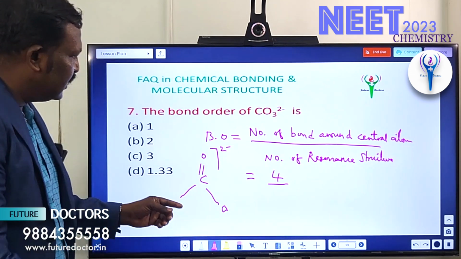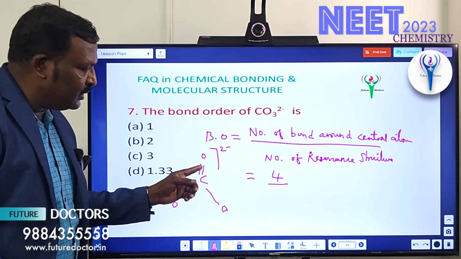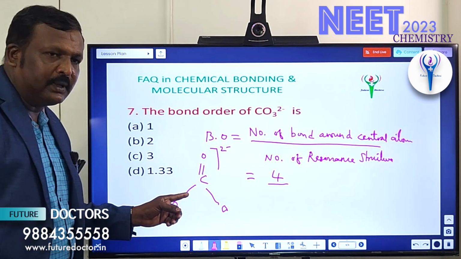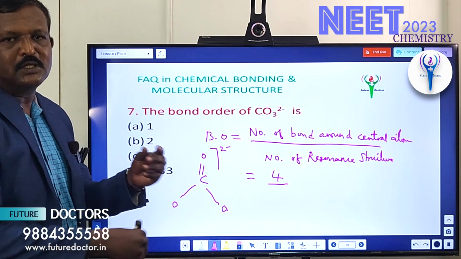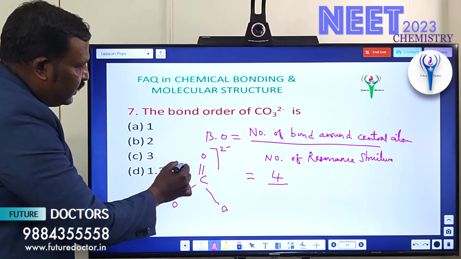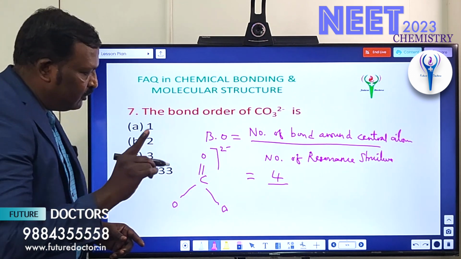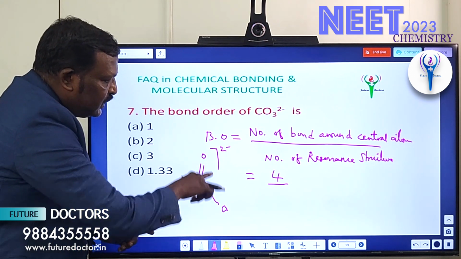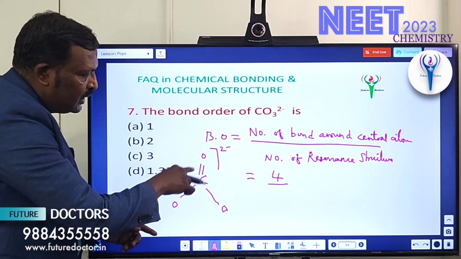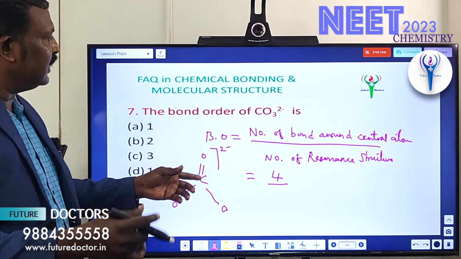Resonance structure means we can put the double bond in this position, or in this position, or in this position. There are 3 ways possible. That's called resonance structure. You know that. If we put the double bond here we get one structure, and so on. So there are 3 ways of writing for this molecule.